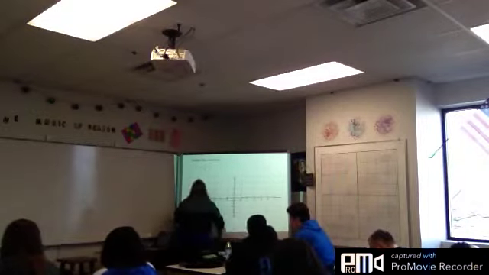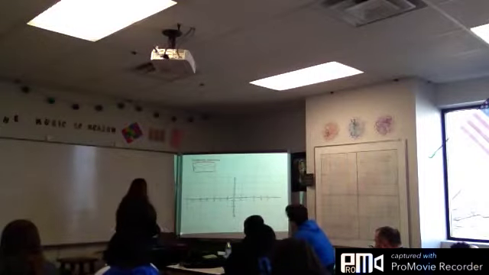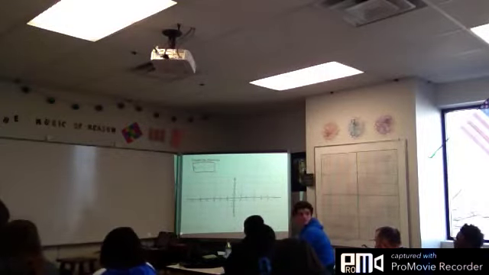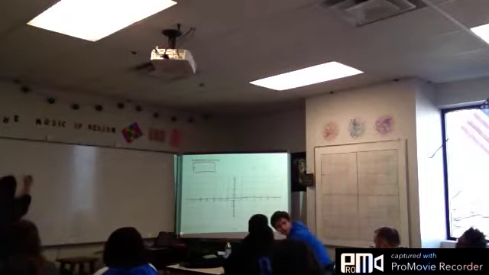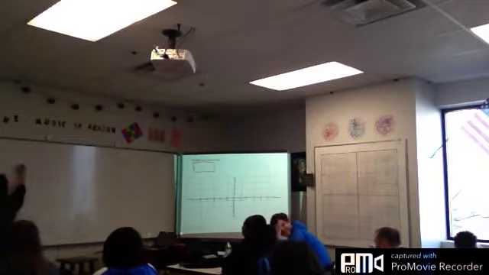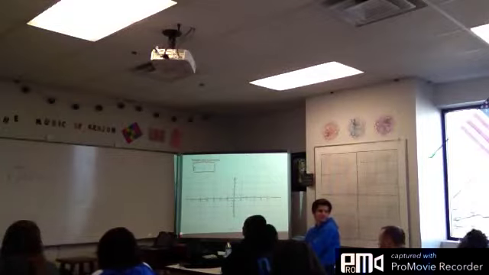Okay, so this one right here, let's take a look at this function. When I have graphs like this, tell me what form this is in. If I wrote something like this, it's vertex form, good. What does this A tell me? If it shrinks or stretches, and what else?